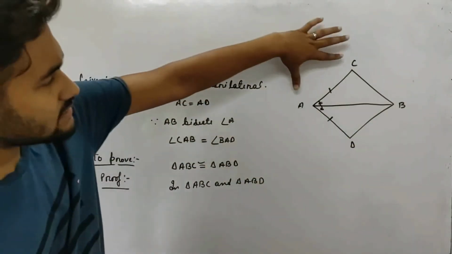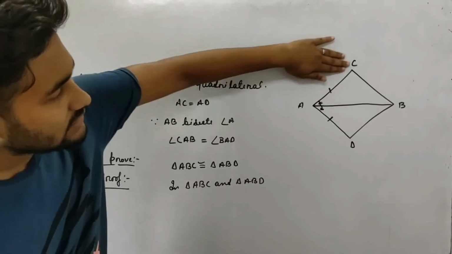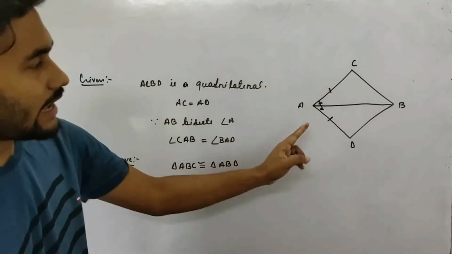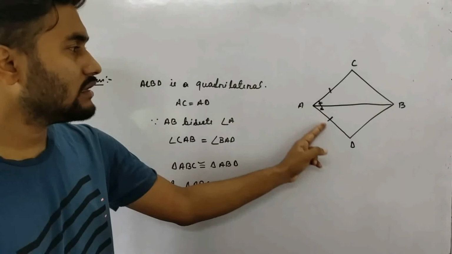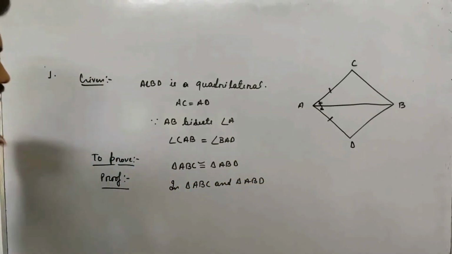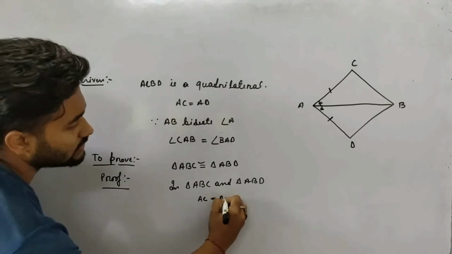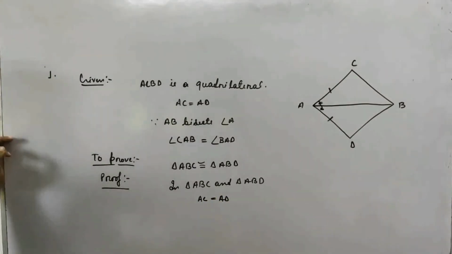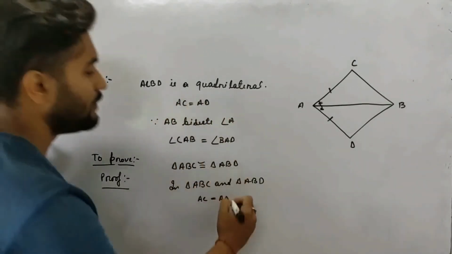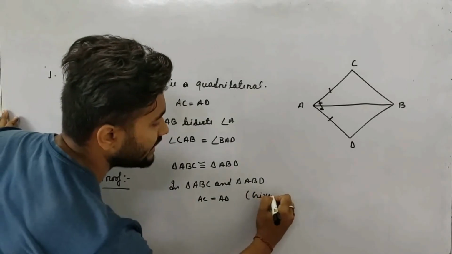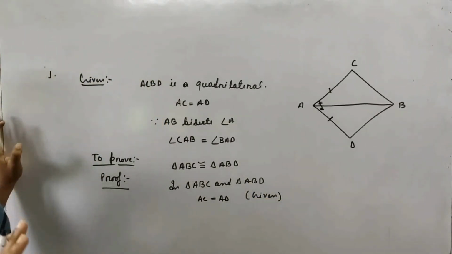Very clearly I can see in this triangle this AC, and in this triangle this AD, are equal. So I can say AC is equal to AD. Why? Because it is already given in the question.